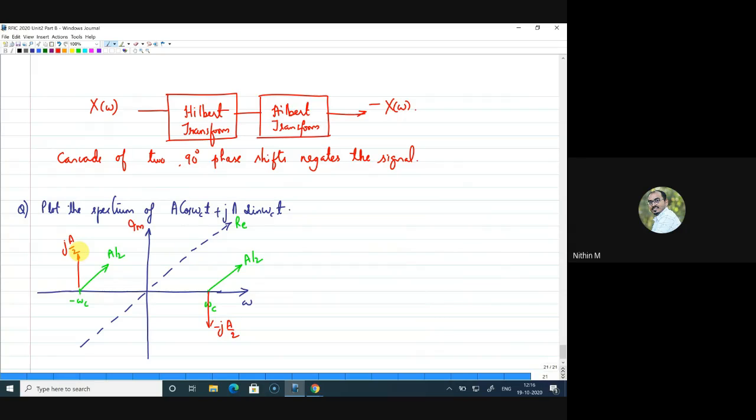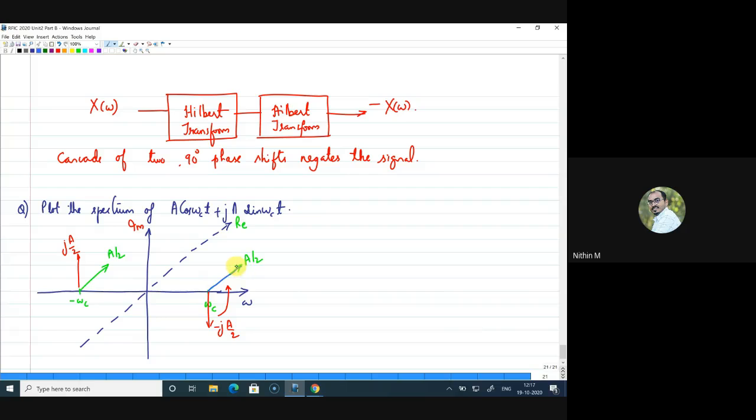Now the green color things are existing. To that we have to add A sin omega ct, which is in red, multiplied by j. When I multiply with j, j squared is minus, minus minus is plus, so it will be A by 2. This component will be shifted here, and let me use a new color since it is getting transformed.